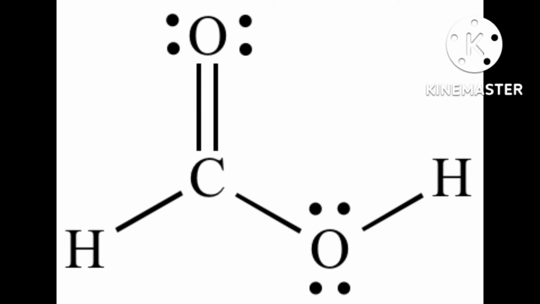I told you it is like a V structure, O, O, O. Between the first two there is a double bond, and between the first and third only a single bond. Then on the central atom, how much charge did you calculate? First time you calculated plus 1, second time 0, and third time minus 1.